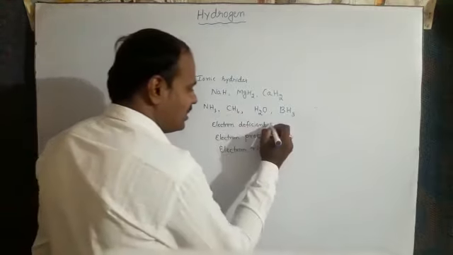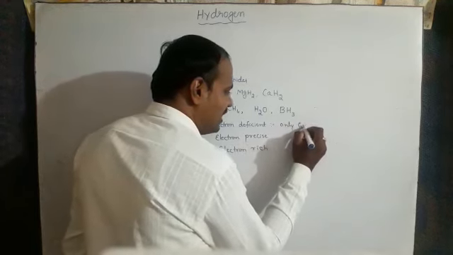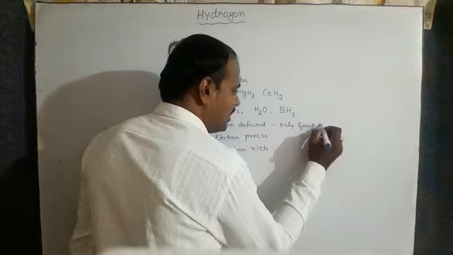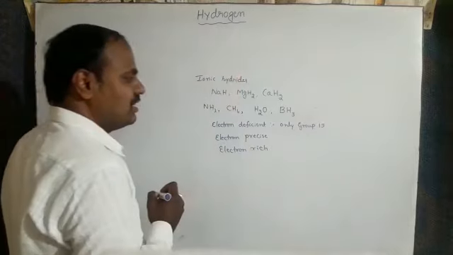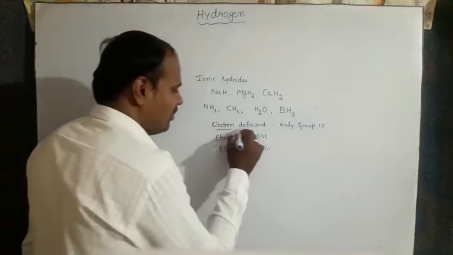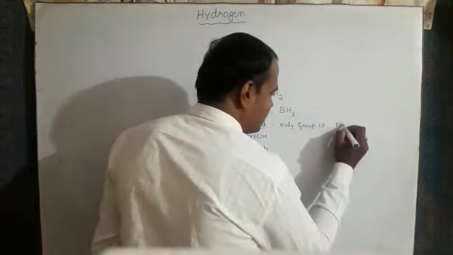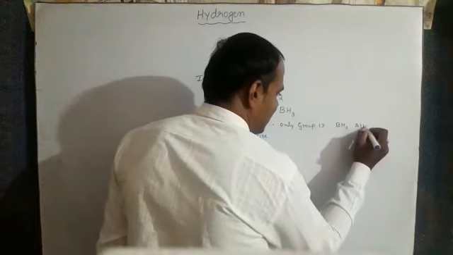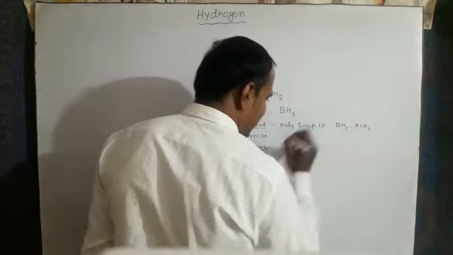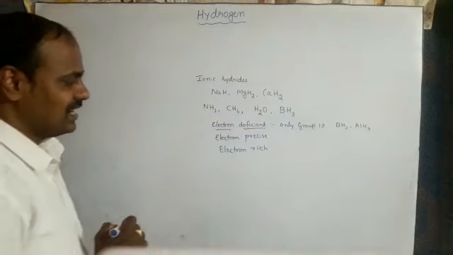When dihydrogen gas reacts with only group 13 elements to form hydrides, they are called electron deficient hydrides. Give an example: BH3, AlH3, etc. are the examples for electron deficient hydrides.